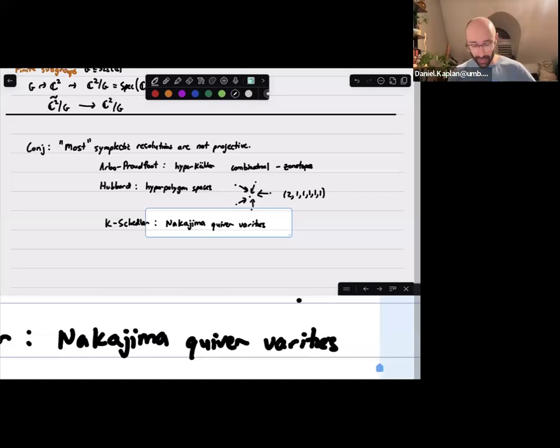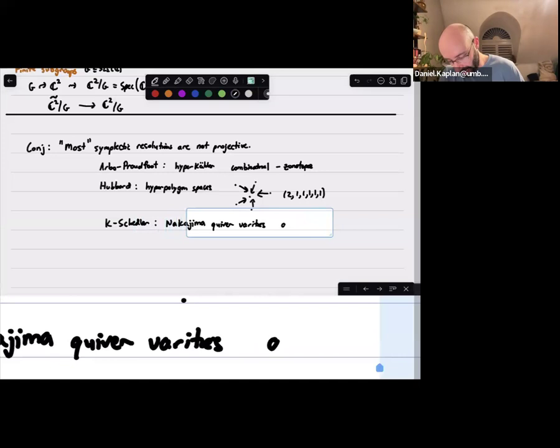Austin Hubbard had already done this, but now we have a dimension vector that has all 1s, and it simplifies the combinatorics. And so it's a little bit easier to see what's happening in our case.